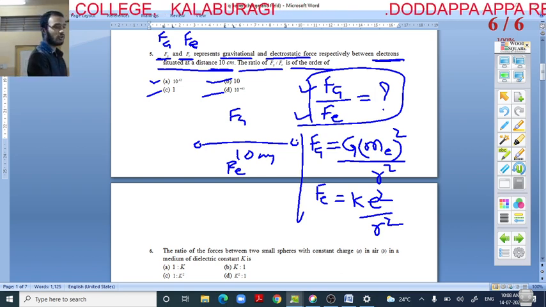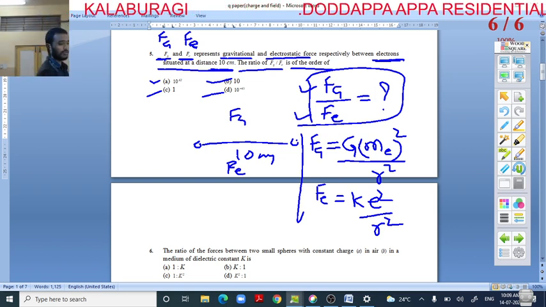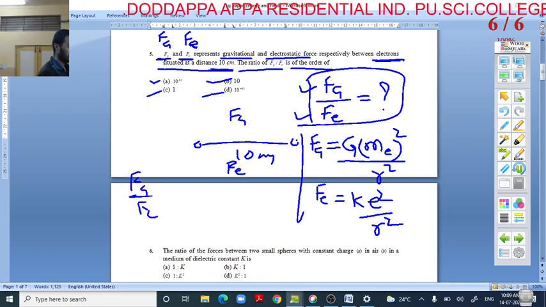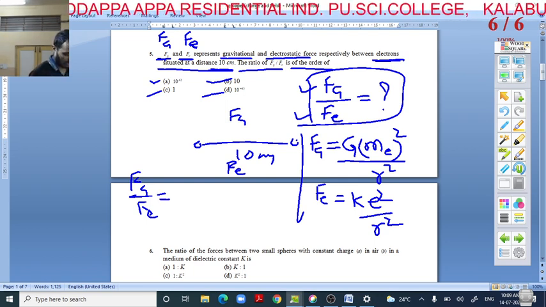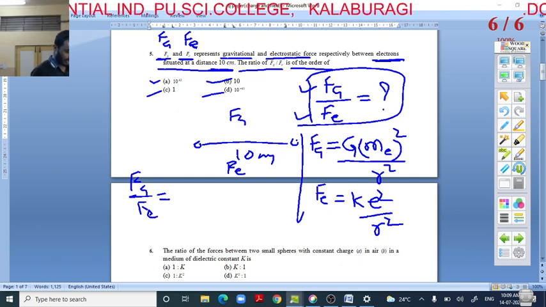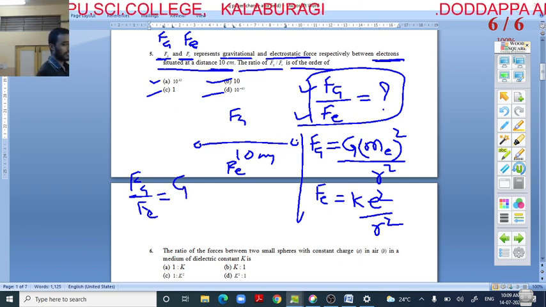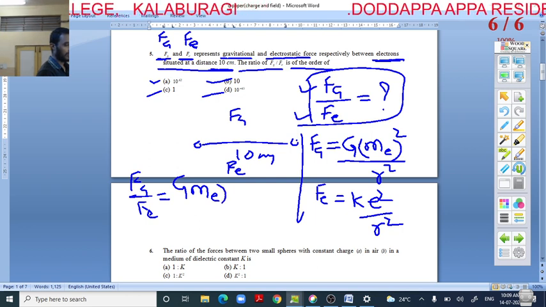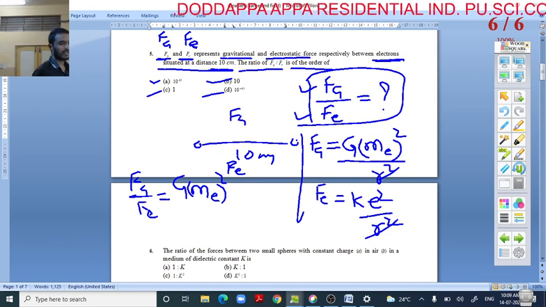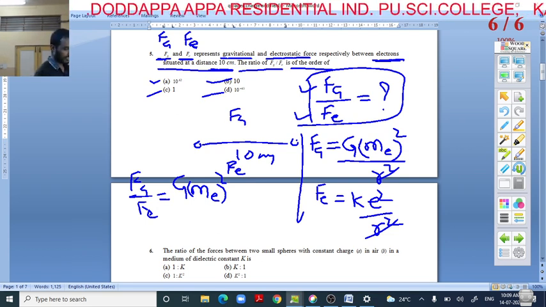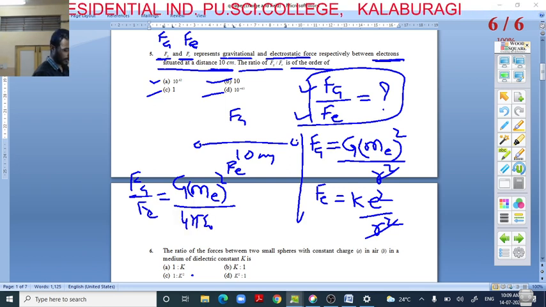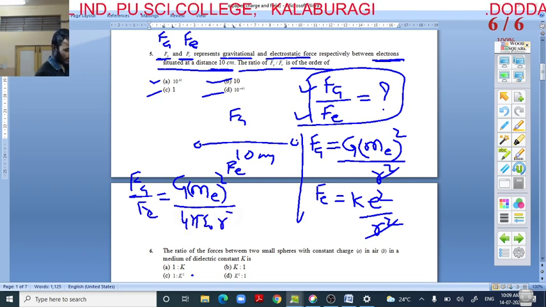For these two, we got Fg and Fe. So Fg divided by Fe is equal to G m e square. Here r square and r square get cancelled, and the remaining I am writing here, that is 4 pi epsilon r square.